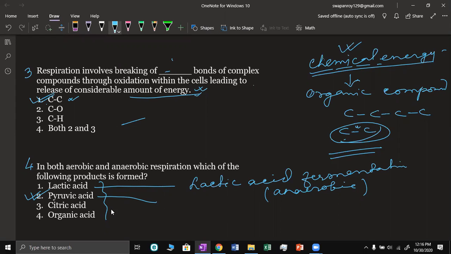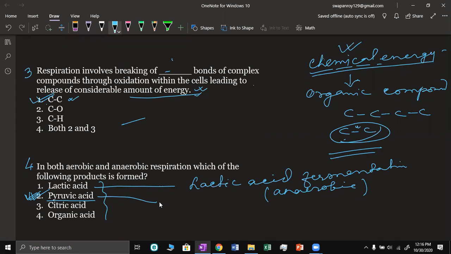Glycolysis is common for both aerobic and anaerobic respiration. So the end product of glycolysis is common for aerobic and anaerobic respiration. So our answer is the pyruvic acid.